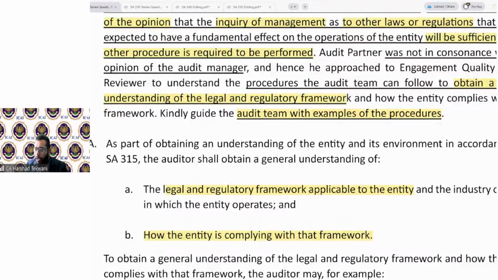It's an MCQ. It will help us to understand the concepts in detail.